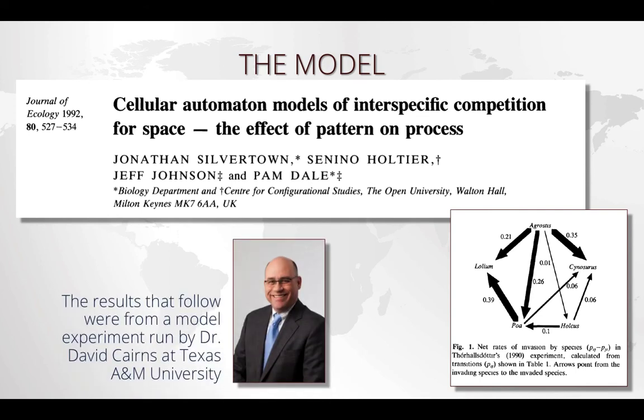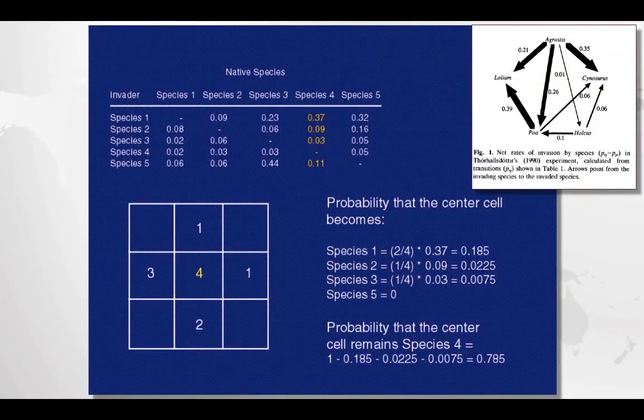The results I'm going to show you are from one of my colleagues way back in the 90s when we started at A&M. He ran this and created a little GIS model of it. I'm going to try to make a few points about stochastic modeling from this experiment. He took the information from that figure and built a cellular automaton model.